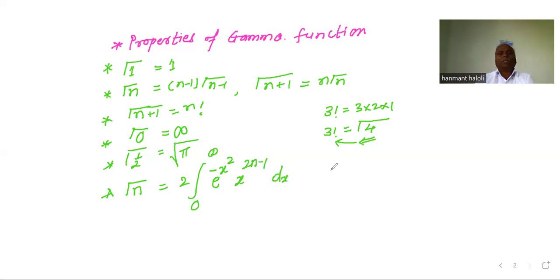This is also called the second form of the gamma function. In the first form we have only e raised to minus x; now we have e raised to minus x square. To convert this integral into the standard gamma function, replace x square equal to t, and you get the standard form.